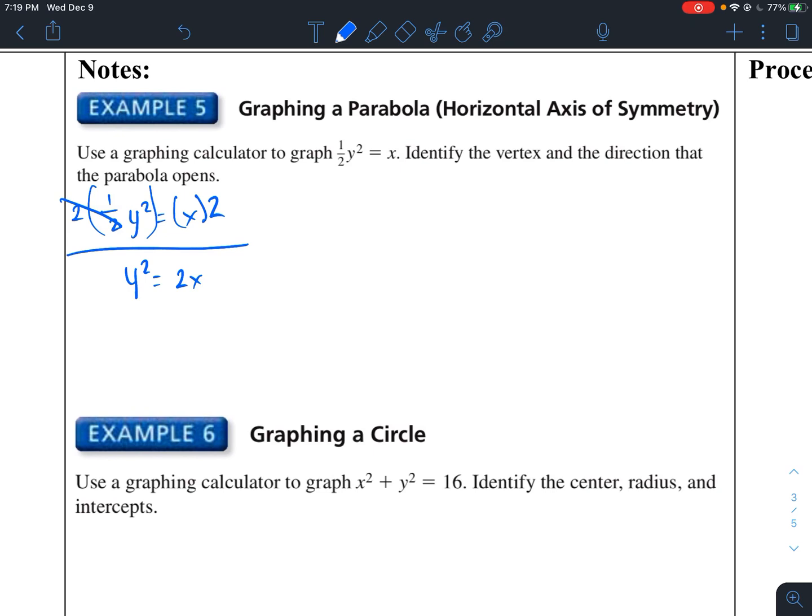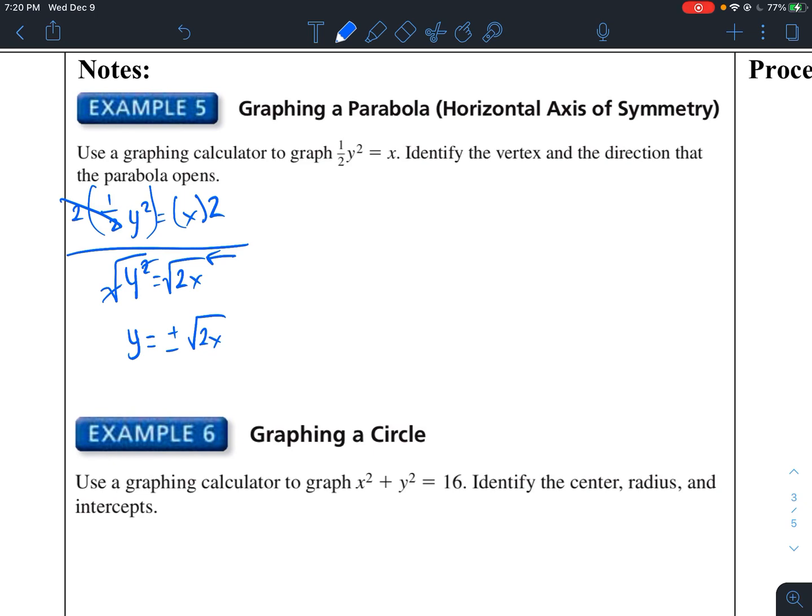Now to get y by itself, I have to take the square root of both sides. The radical and the exponent cancel, so I'm just left with y. And this is equal to, now remember, if you take the square root of something, you have to include both positive and negative values. So I get plus or minus the square root of 2x.